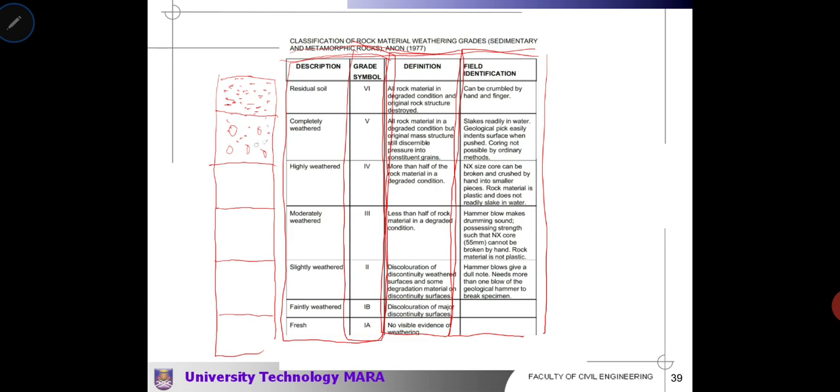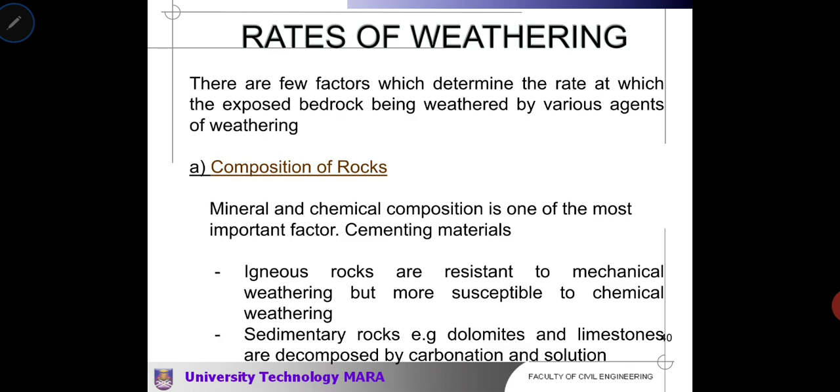For grade 5, this is how you draw it. And for grade 1, this is fresh rock, there is no weathering happening. But for grade 1B, you can show some weathering has occurred. So that is the way you can describe the grades for weathering.